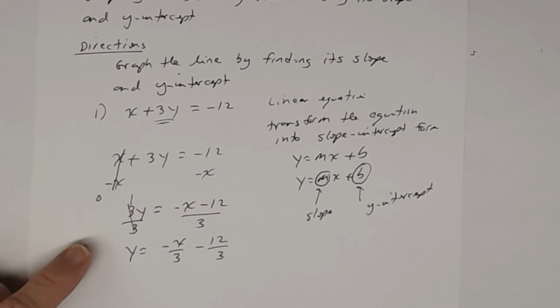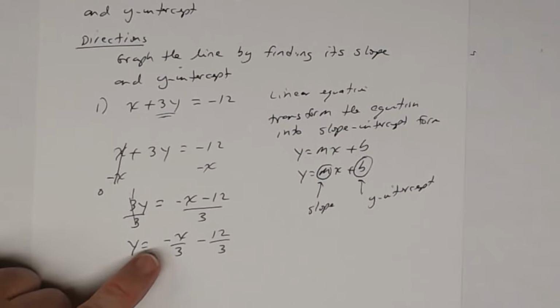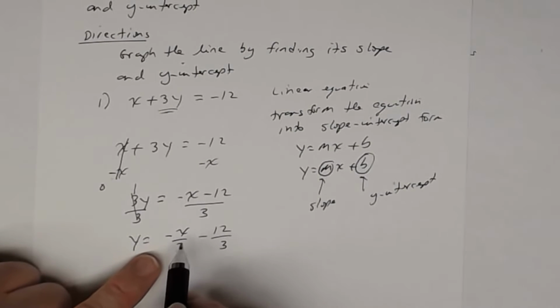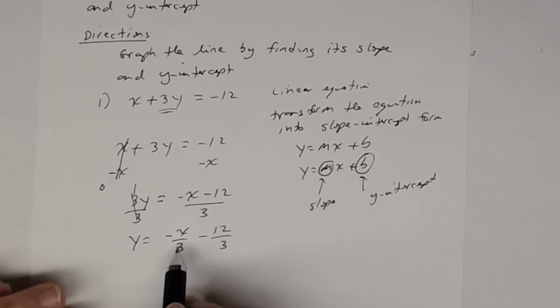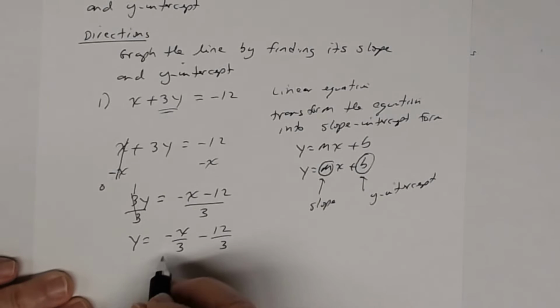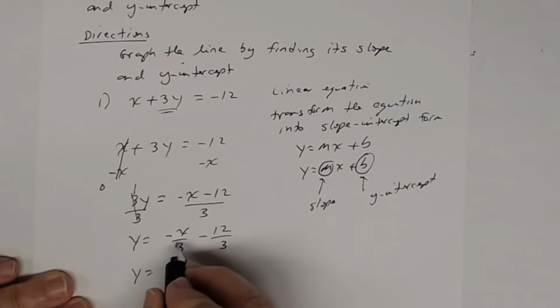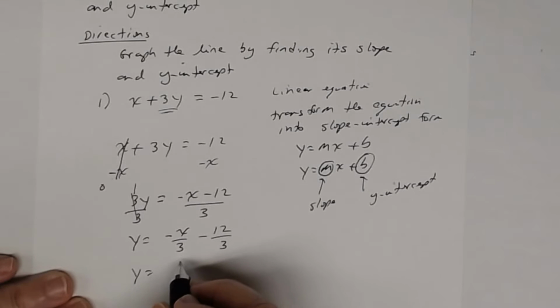Okay? And so now some students get a little confused with this, but we're going to have to simplify this and this as well. I want you to notice that negative x divided by 3, remember there's no number there, that's understood to be a 1, right?